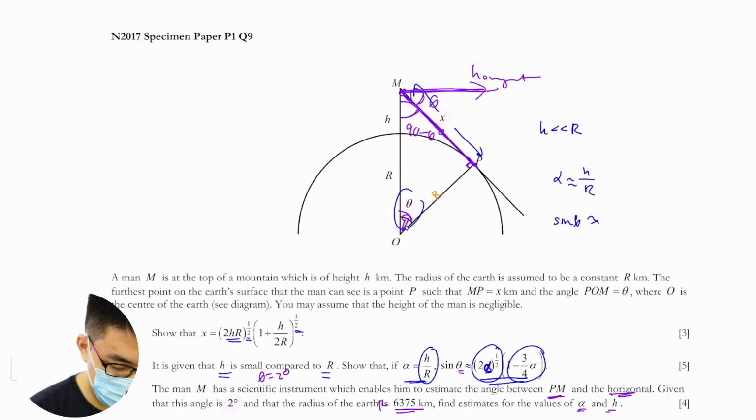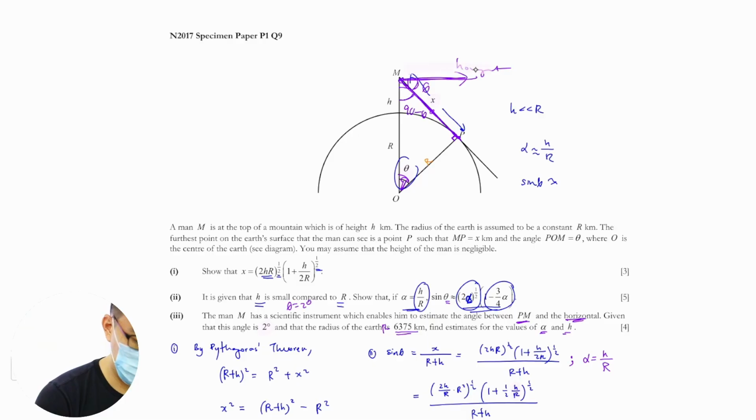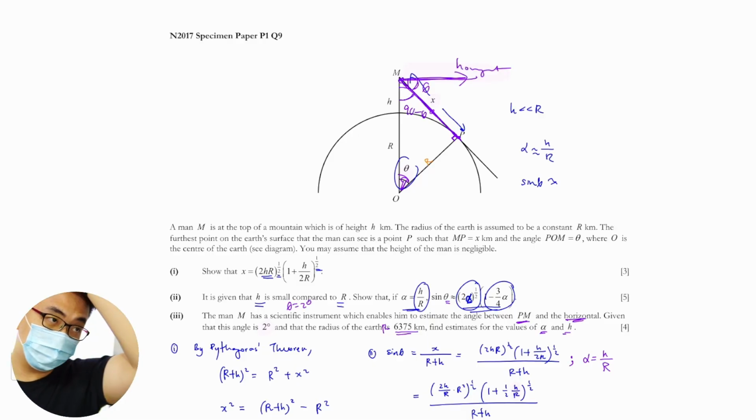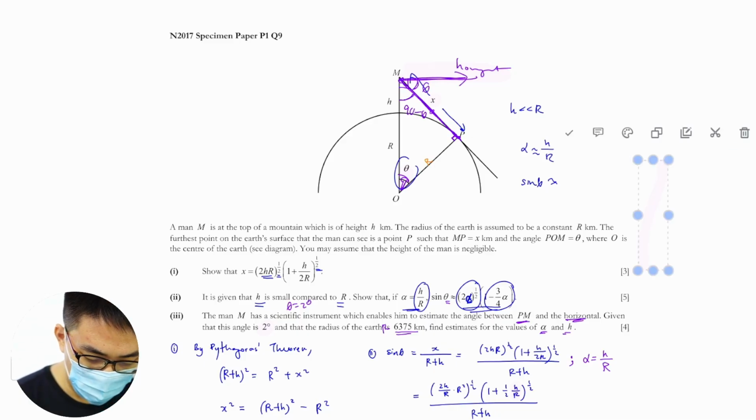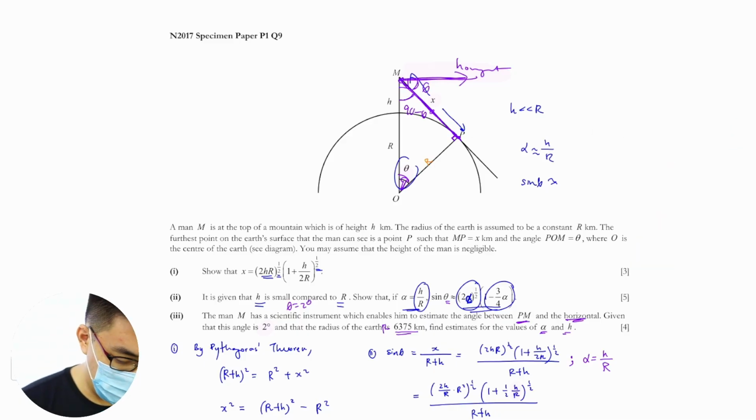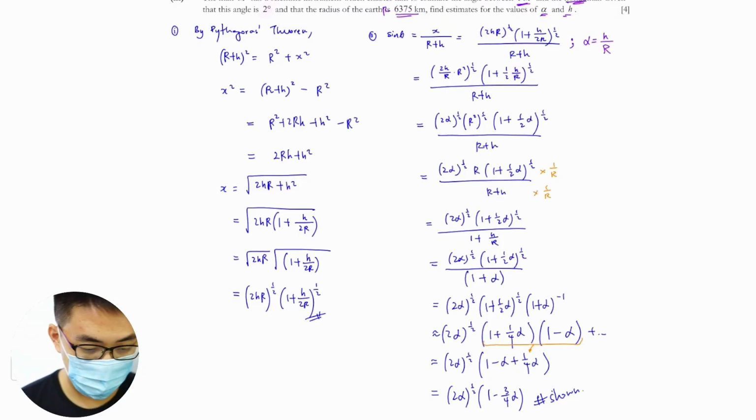So this is actually the same angle. It stands on the mountain, the horizontal, right? So essentially, theta is 2 degrees. You need to see that theta is 2 degrees.